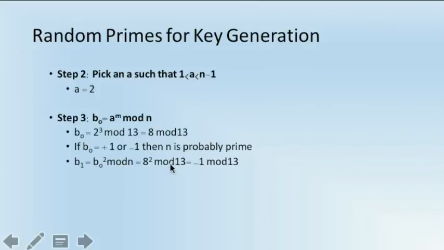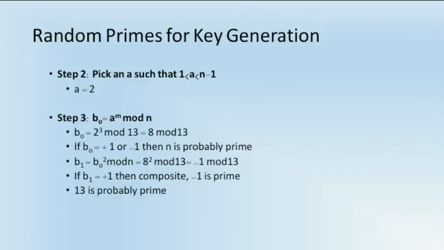In this case, however, our b0 was 8, so let us continue and find the equation for b1. So b sub 1 equals b sub 0 squared mod n, and calculating that value, we get negative 1. If b sub 1 is positive 1, then n is composite. If it's negative 1, then n is prime, so we can determine that 13 is probably a prime number.